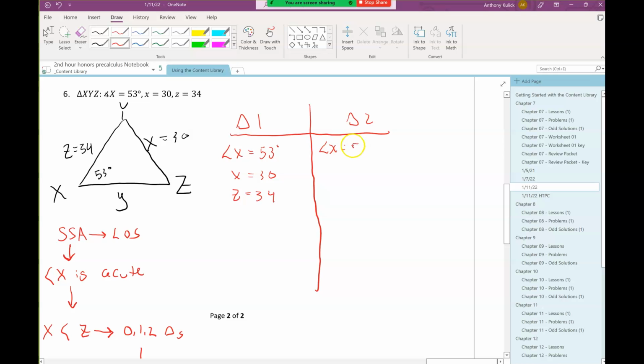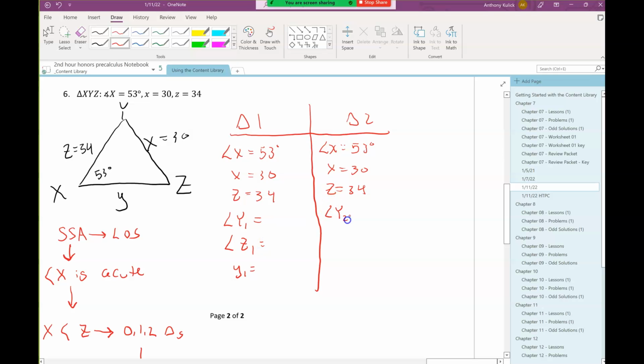So again, the givens are the same in both triangles. But we need to solve for angle Y and angle Z, and then side Y in each triangle.